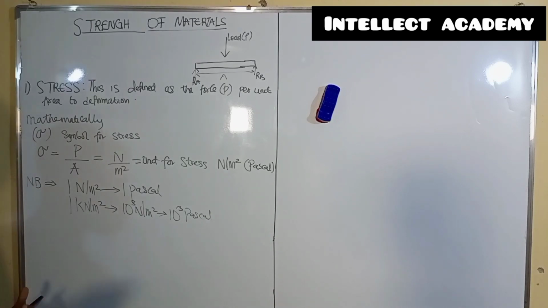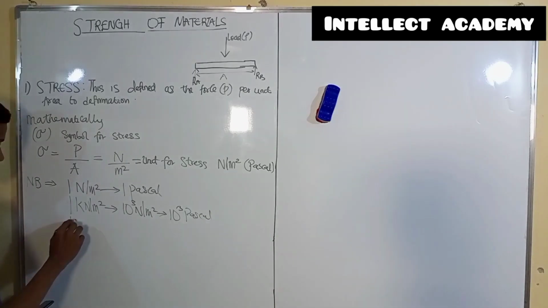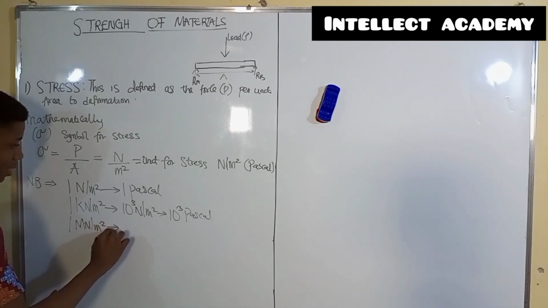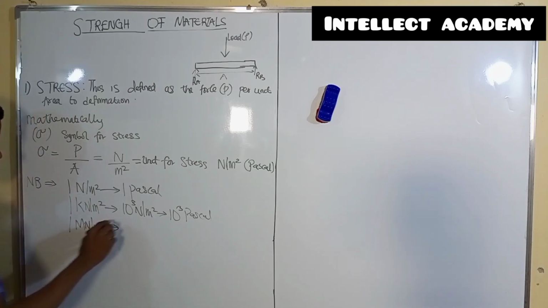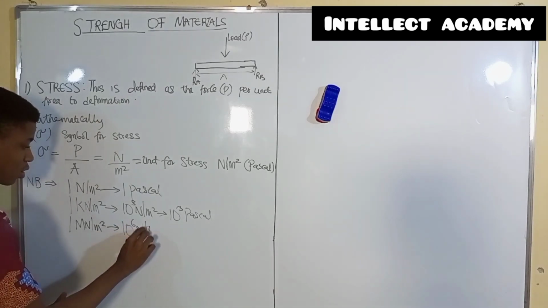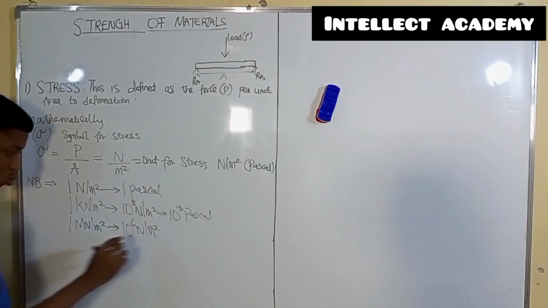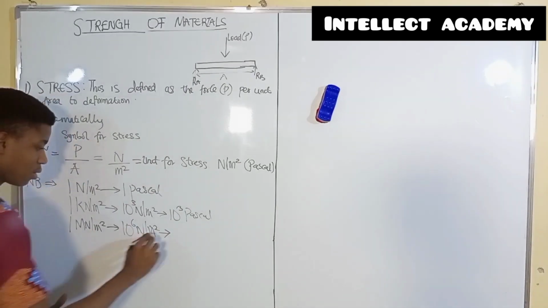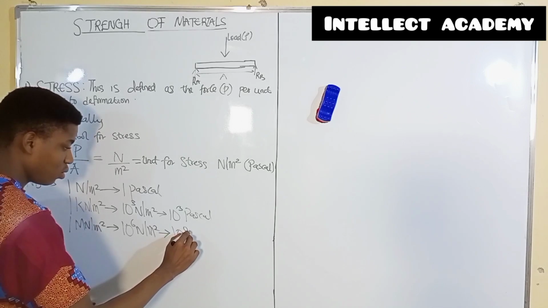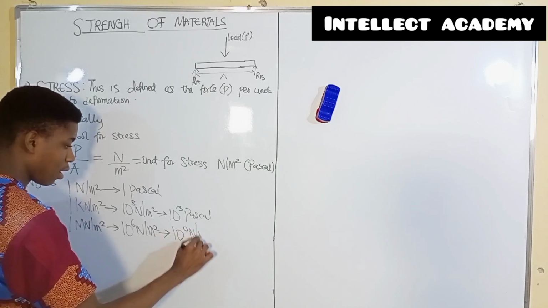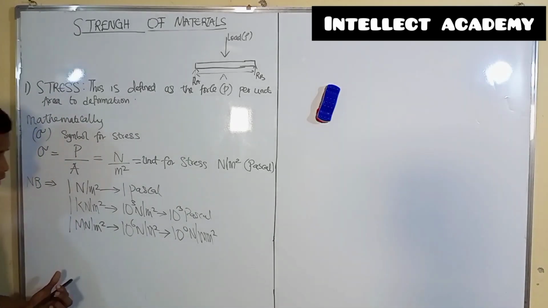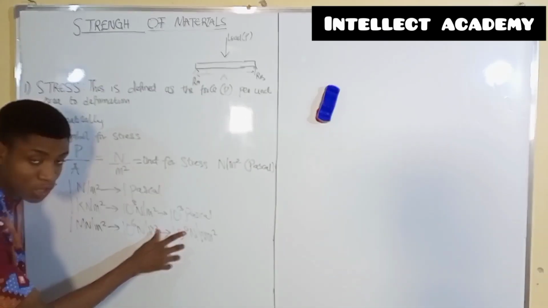Also take note of this, that 1 mega Newton per meter square is the same as 10 raised to the power 6 Newton per meter square. Also, it is 10 raised to the power 0 Newton per millimeter square. Now, anything raised to the power 0 is 1.